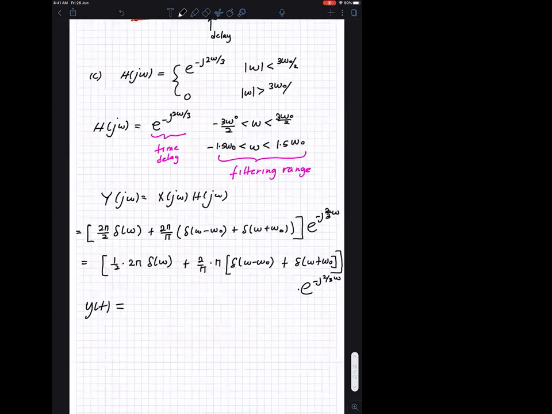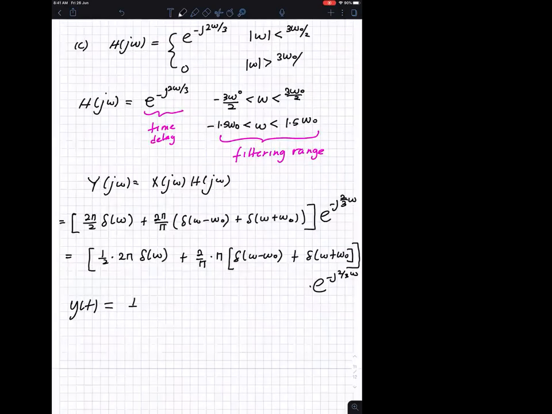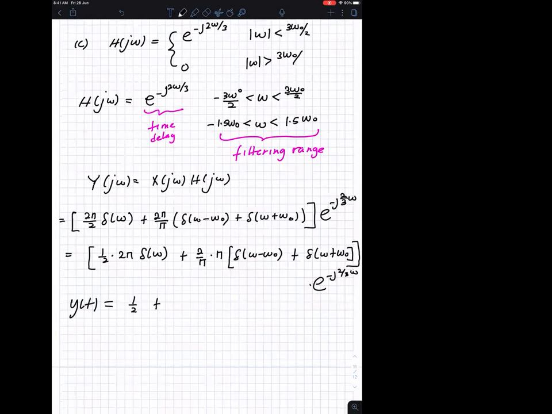The inverse Fourier transform of this part is 1/2, same as we have done before in the previous problem. So on this side is 1/2 plus this whole thing right here.